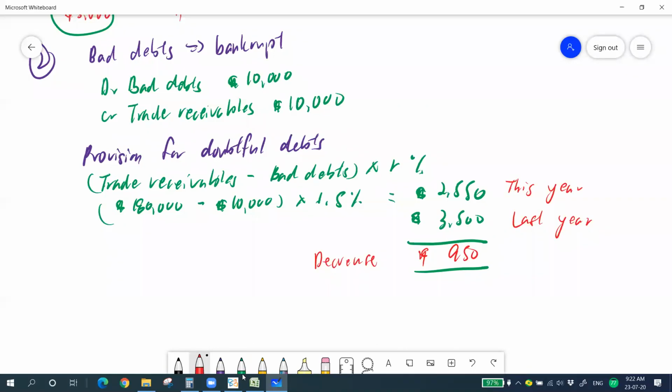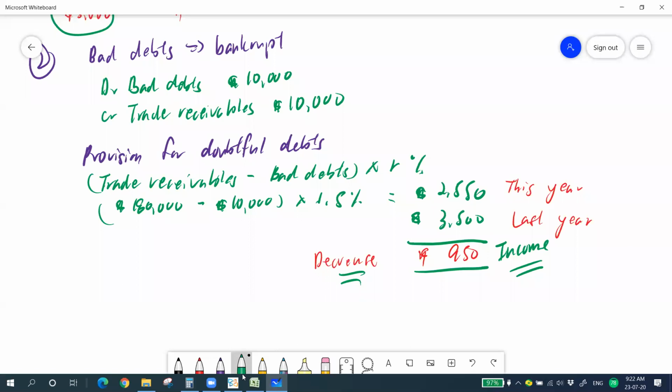How about us? If we have a decrease in the provision for doubtful debts, what is the nature? Yes, correct. This is income of the company if you have a decrease in your provision for doubtful debts.